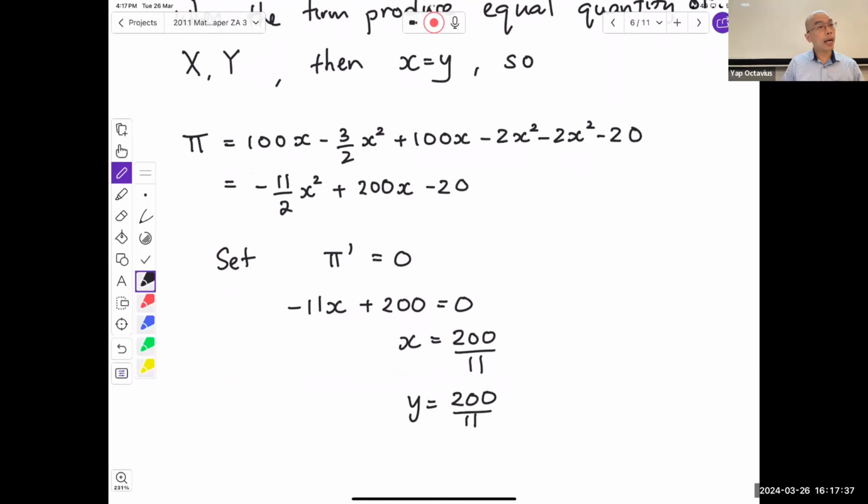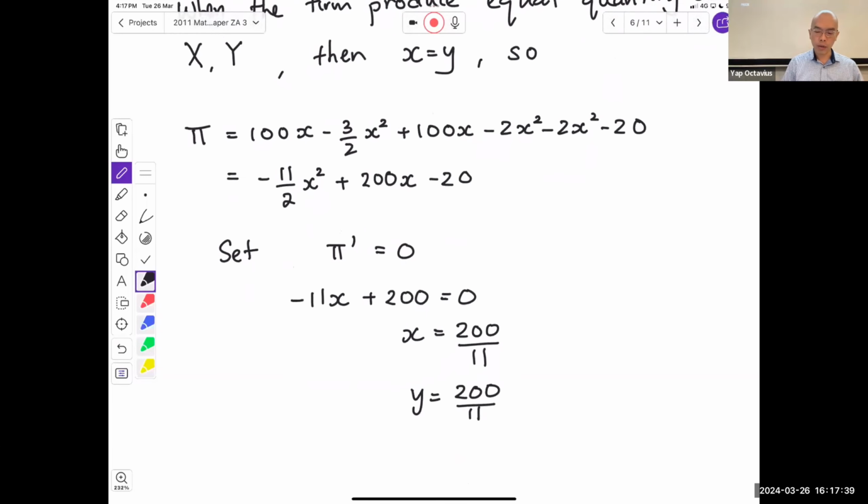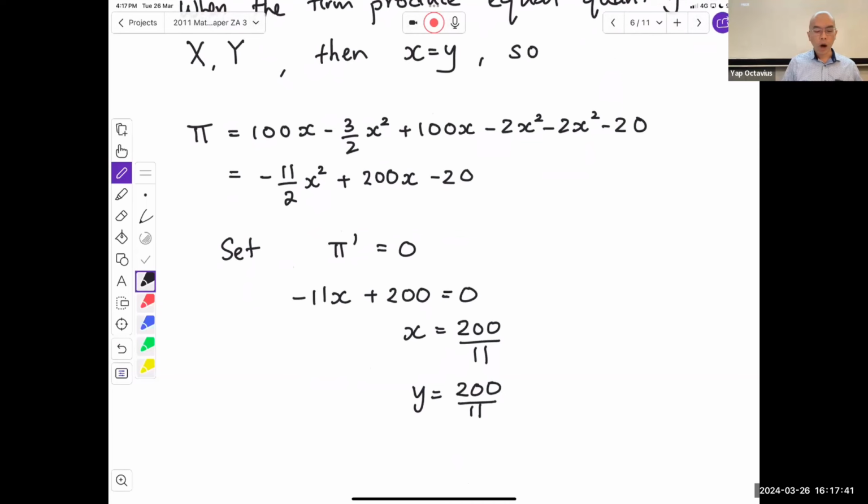So we're left with one last thing. We need to check that with this combination, it also maximizes the profit. So we need to find the second derivative. Should give you negative 11.